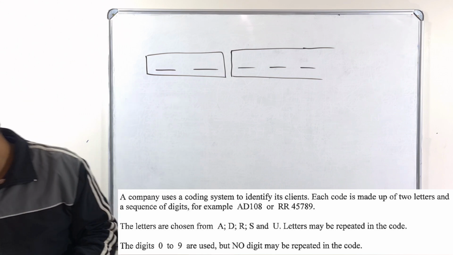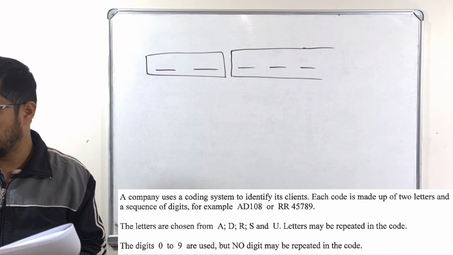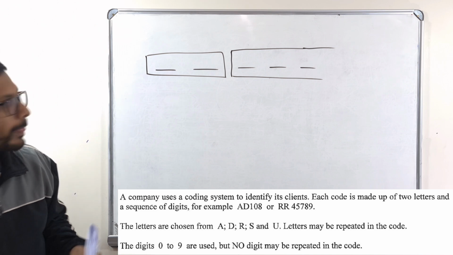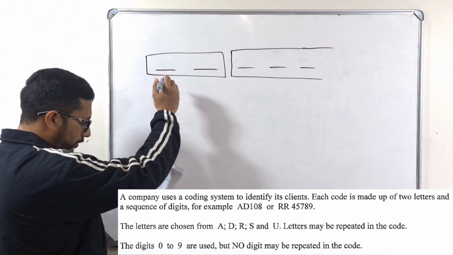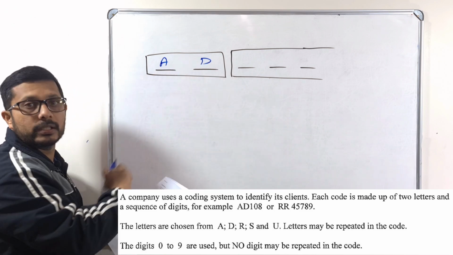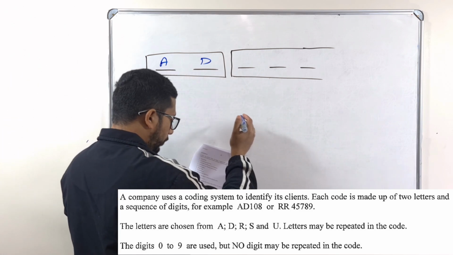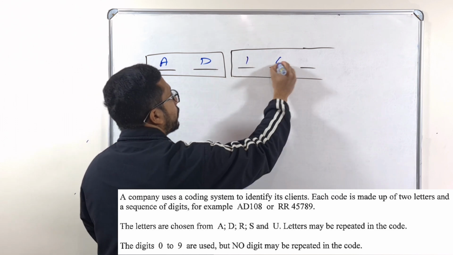You can see the first example, AD. The first 2 are letters, any letters. Then the next, 108.